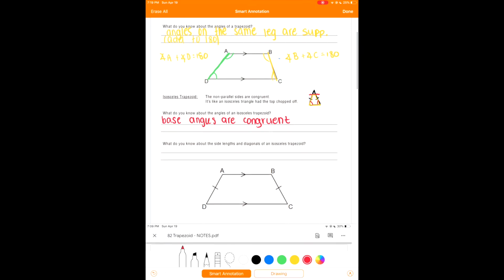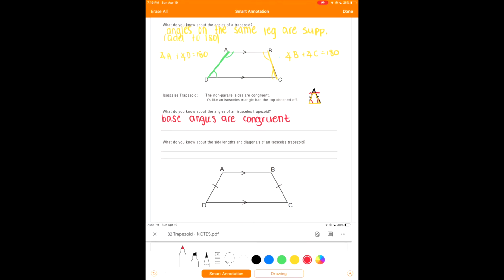And what do we know about the side lengths and diagonals of an isosceles trapezoid? We know that the legs are congruent, which means AD and BC are the same. Because remember, it's just like if I had an isosceles triangle and I cut the head off.